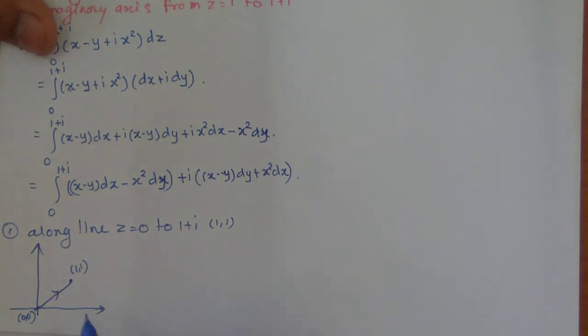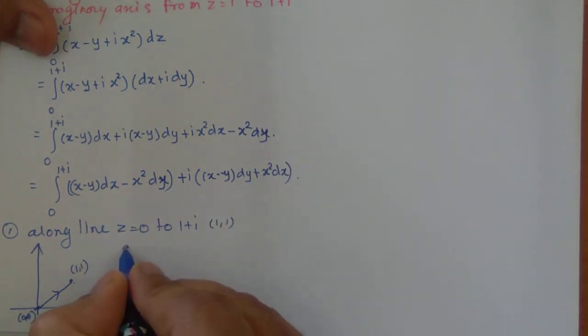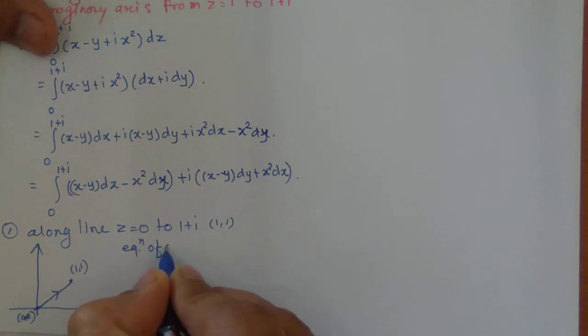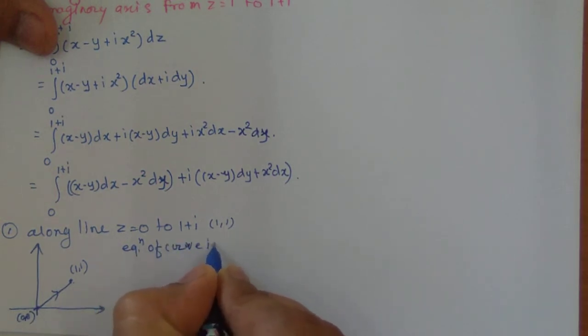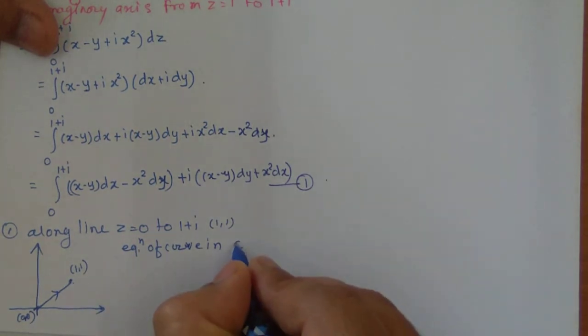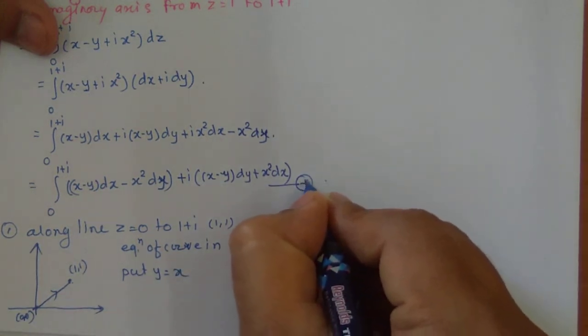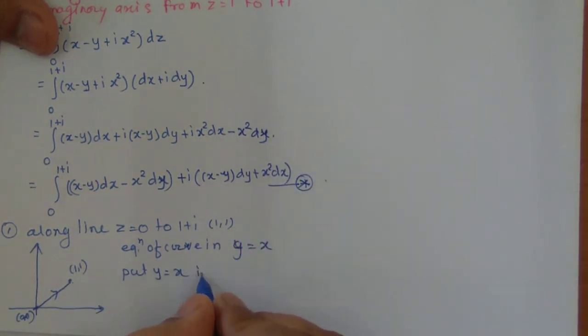Now if you look at the line, all the points on this line have the x and y coordinates both the same. So the equation of the curve C, I call this number 1, is y equals x. Therefore put y equals x in equation star, therefore dy is equal to dx.